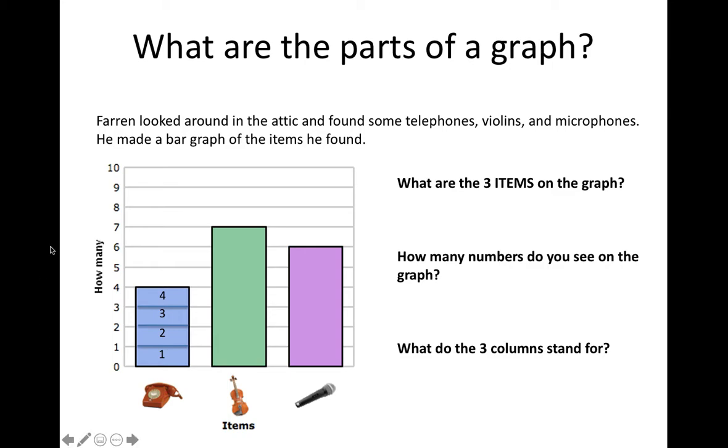So we know that there were 4 telephones found in the attic, there were 7 violins found in the attic, and there were 6 microphones found in the attic. And remember, to read these bar graphs, we look to see where the rectangle or the bar ends at the number. So over here it's 4, 7, and 6.